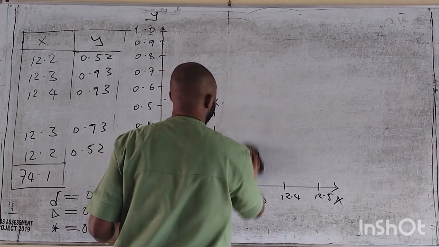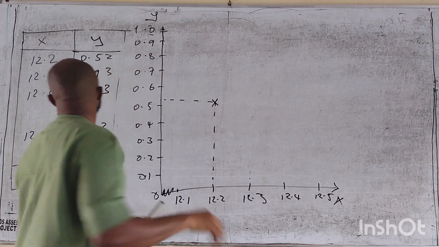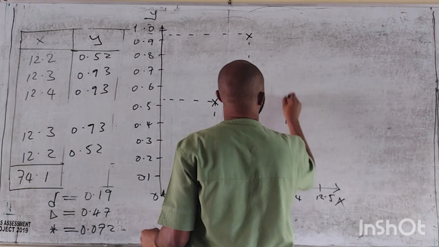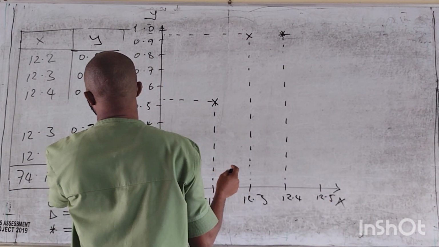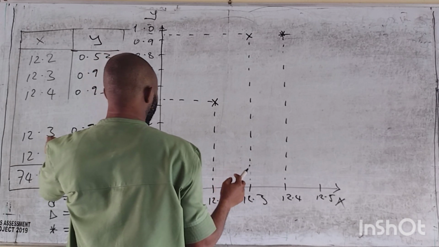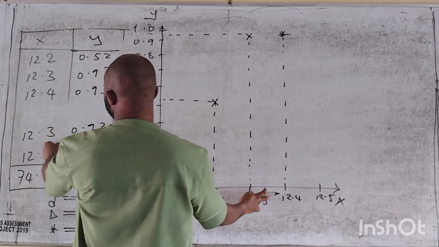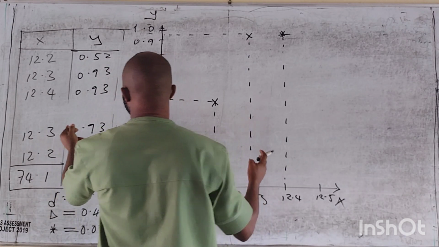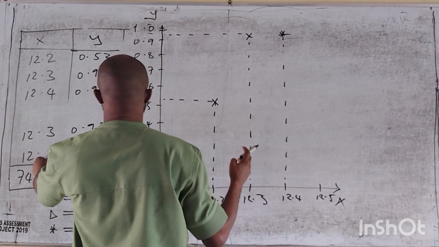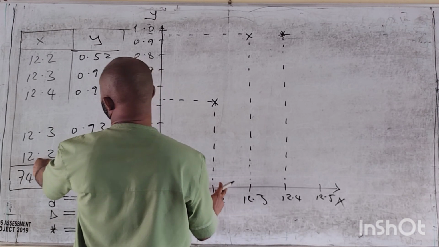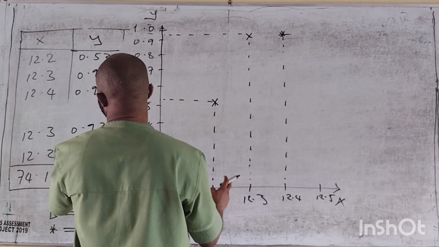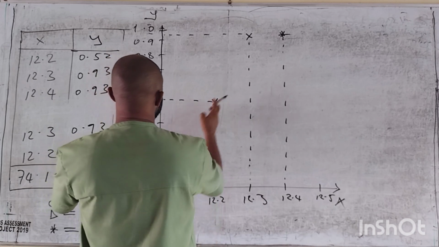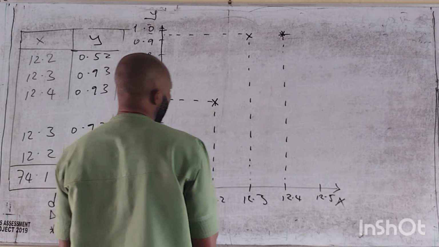That's 12.2. So at 12.3, 0.93. At 12.4, 0.93. Now 12.3, 0.93. We've done that. The last one is 12.2. Am I right? Then 0.52. Yes, 0.52 again.